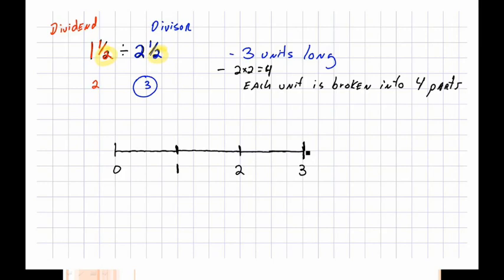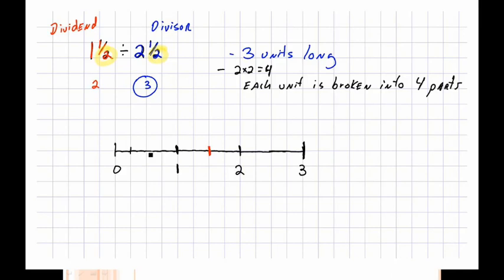All right. Now, just like I did with the other problems, I'm going to mark each one of my numbers on my number line. I'm going to mark my divisor, and I'm going to mark my dividend. 1 1/2 is there.